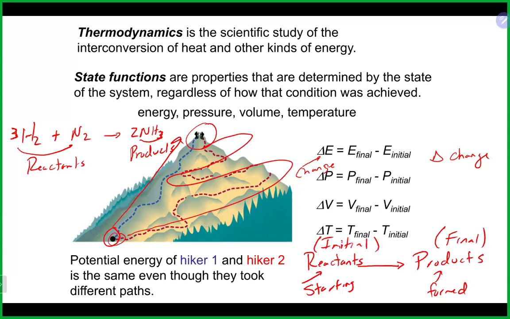And that is why in a lot of the energy calculations we will look at in this chapter, what you do is take your products' energy and subtract your reactants' energy. Products, where you end up, minus reactants, where you started.